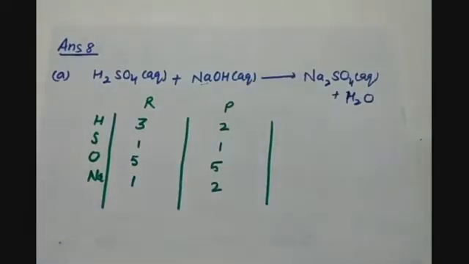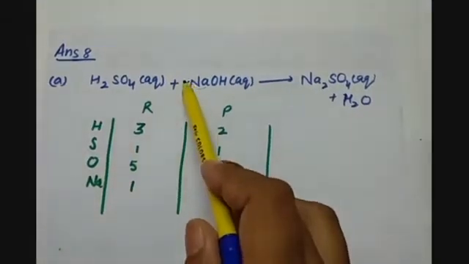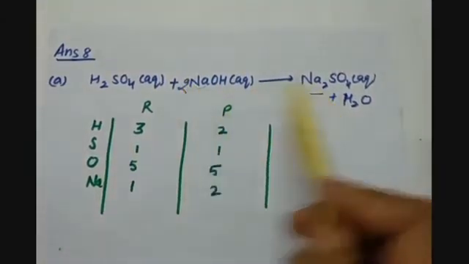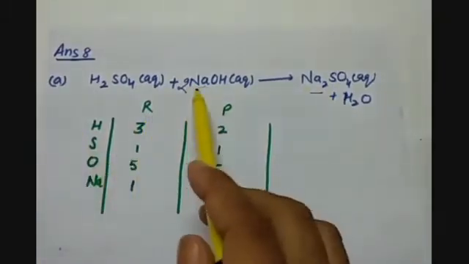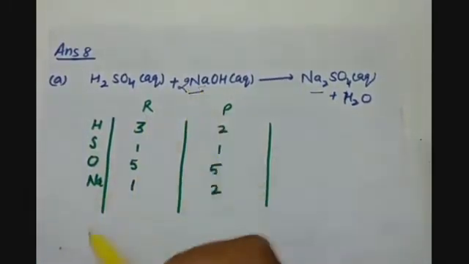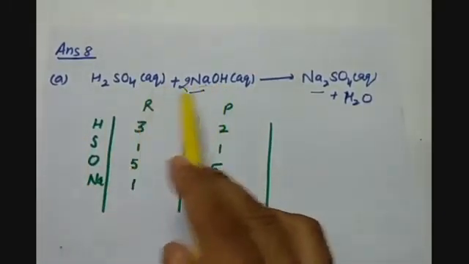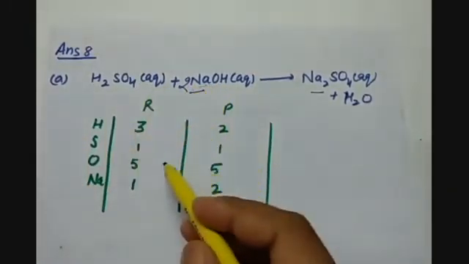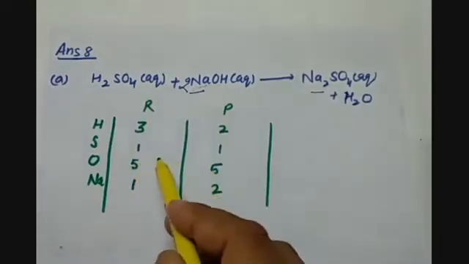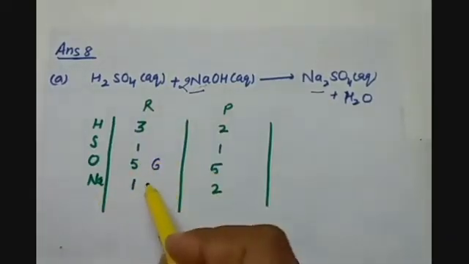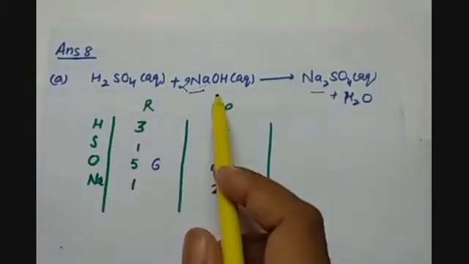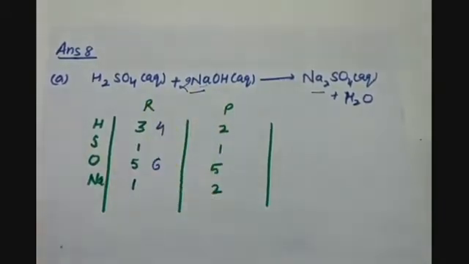To balance the sodium, we will directly multiply by 2 here, because here we have 2. When we multiply by 2, the oxygen on the reactant side will become 6, and hydrogen will become 2 and 2, 4.